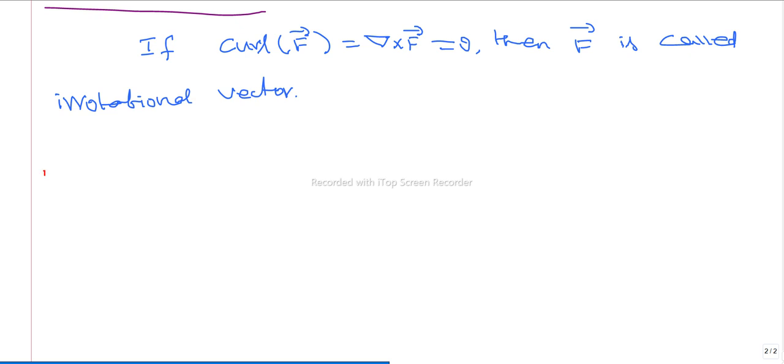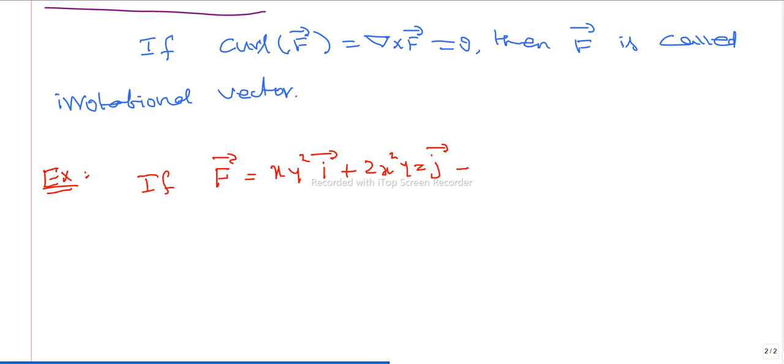So, exercise. Suppose f vector is xy square times i vector plus 2x square yz times j vector minus 3yz square times k vector.